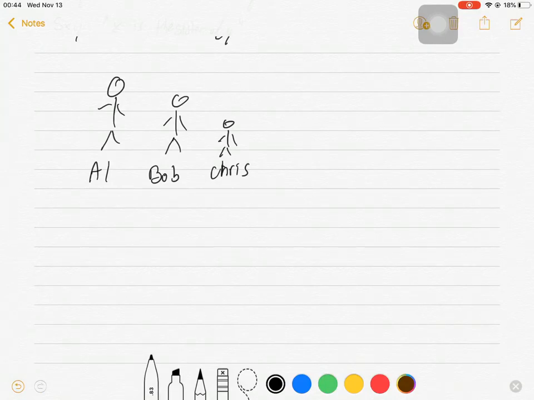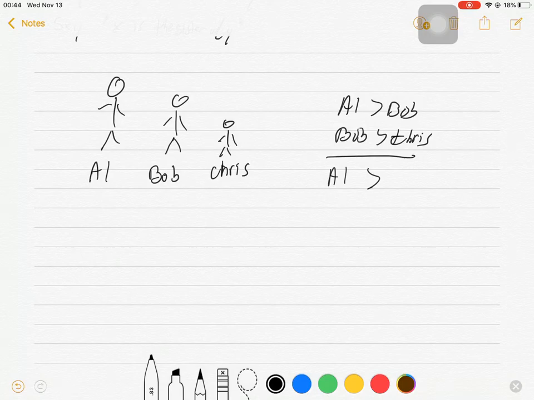I could tell you that Al is taller than Bob, and I could tell you that Bob is taller than Chris. We know that if one thing is taller than the other, then it follows that Al should be taller than Chris. We wouldn't be able to symbolize this unless we had polyadic symbols.